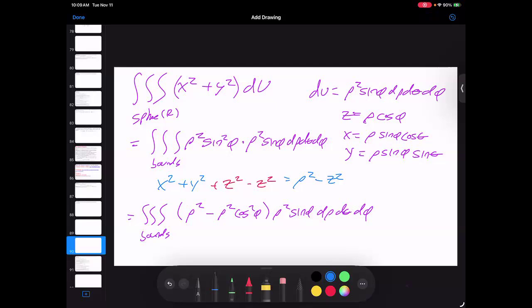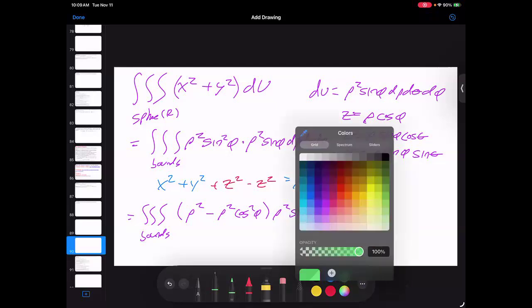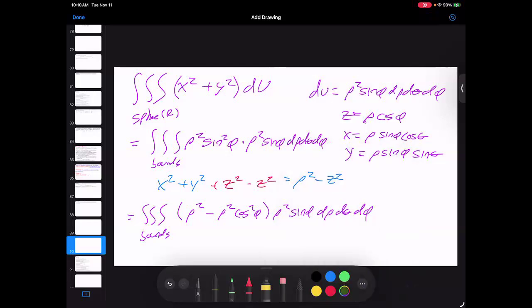Is the rho squared sine phi integral, yeah, the rho squared is not a problem to do. Is cosine squared phi sine phi an easy integral to do? Can you integrate cosine squared sine phi? So if you had to integrate cosine squared of phi, sine of phi d phi, phi goes from 0 to pi.